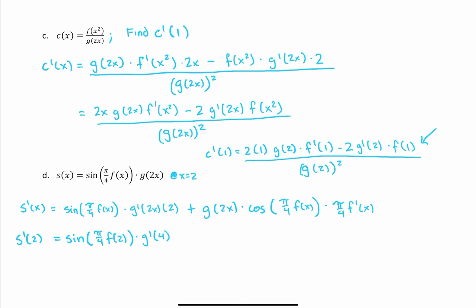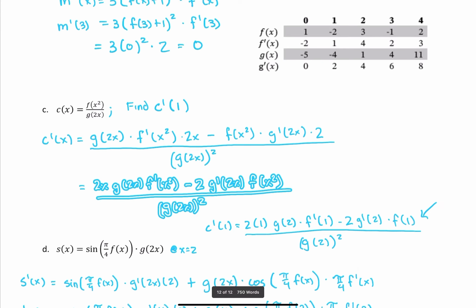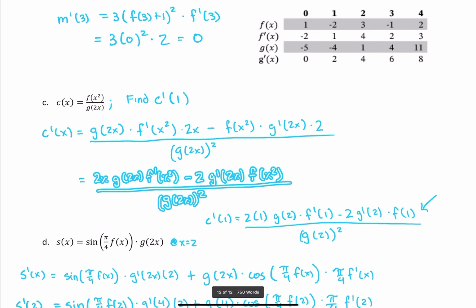So g prime of 4 times 2, then plus g of 4 times the cosine of pi over 4 times f of 2 times pi over 4 f prime of 2. And in our final step, f of 2 is 3.